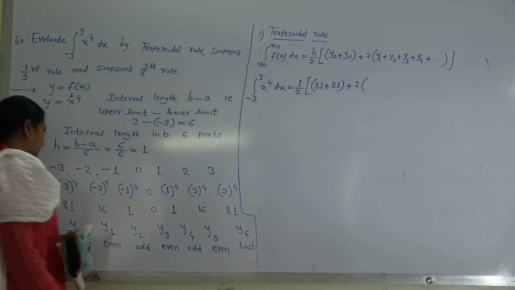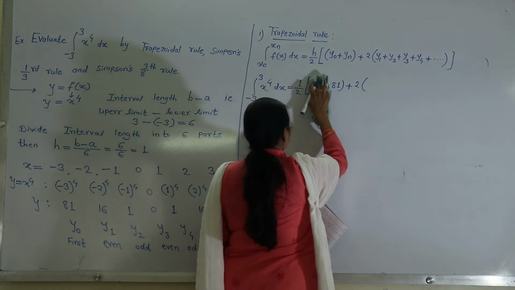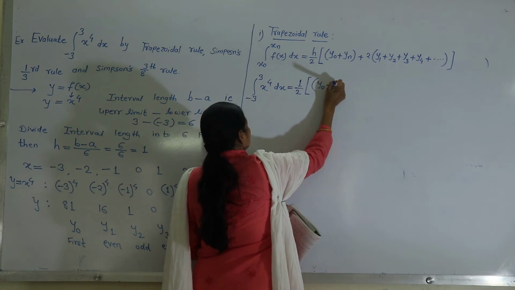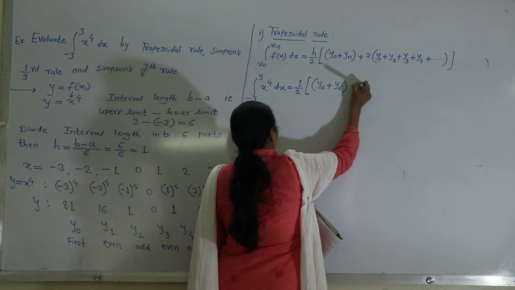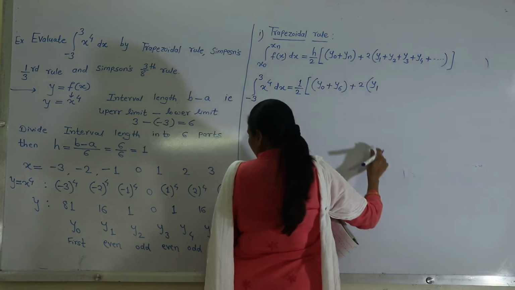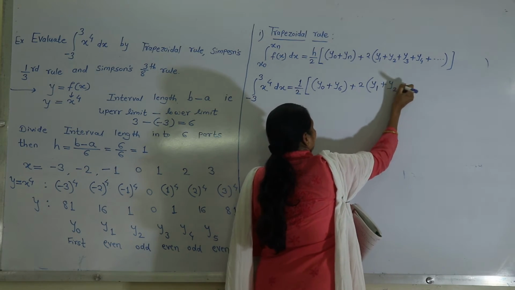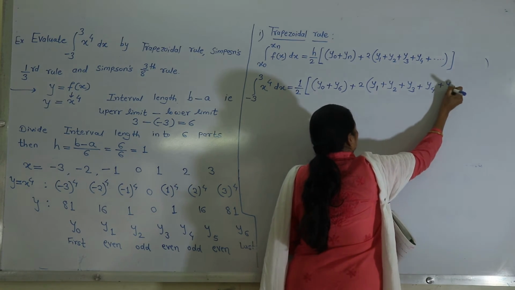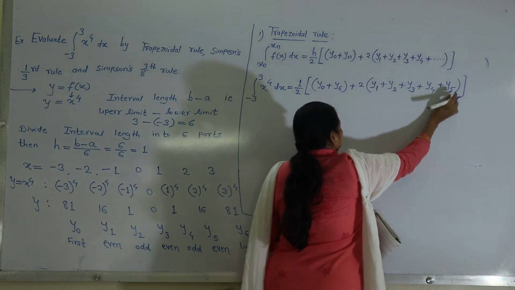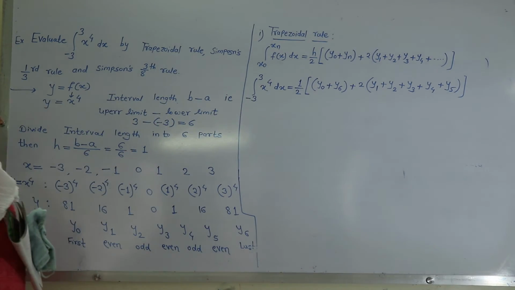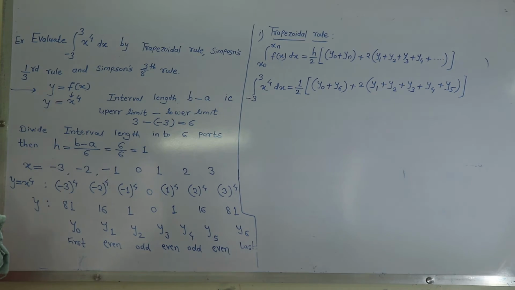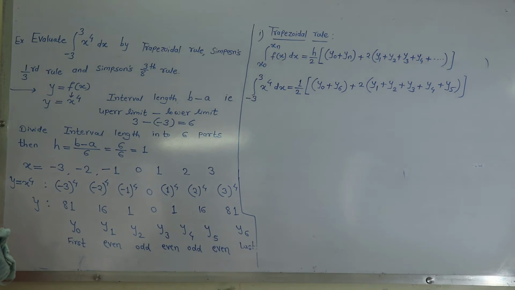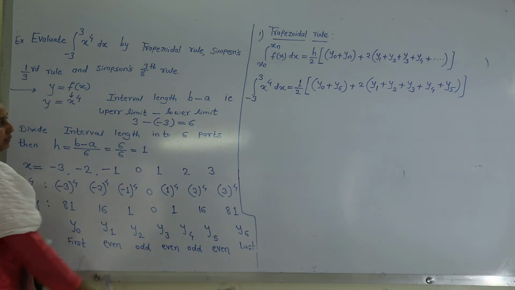So first we have to write this formula: first value is y0, last is y6, plus 2 times the remaining ordinates y1 plus y2 plus y3 plus y4 plus y5. 1 by 2, 1 is h, first plus last ordinate means y0 plus y6 and 2 times all remaining ordinates y1, y2, y3, y4, y5.